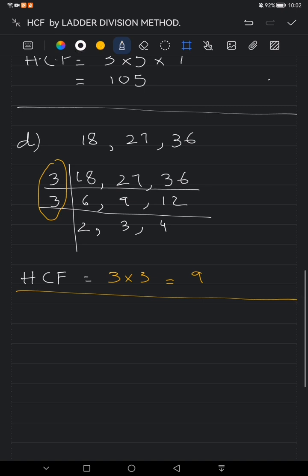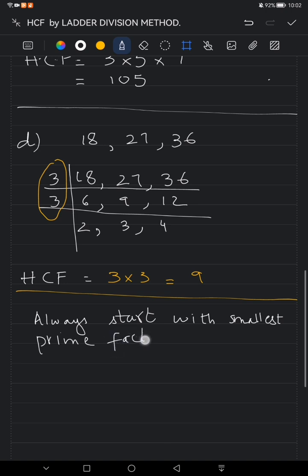Let's revise what we have done and let's share some tips and tricks also. First thing, always start with the smallest prime factor. And for HCF, it should be a common prime factor.